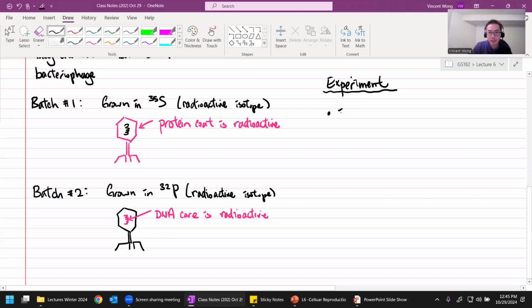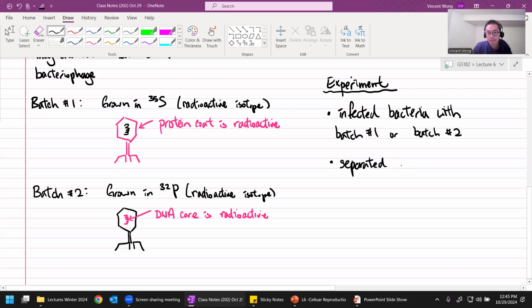They infected bacteria with batch 1 or batch 2, then separated the viruses and bacteria using centrifugation.